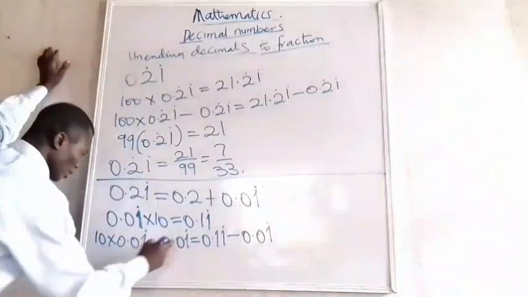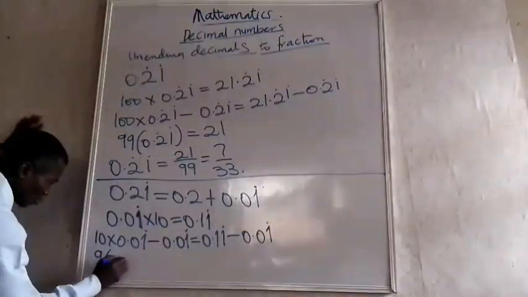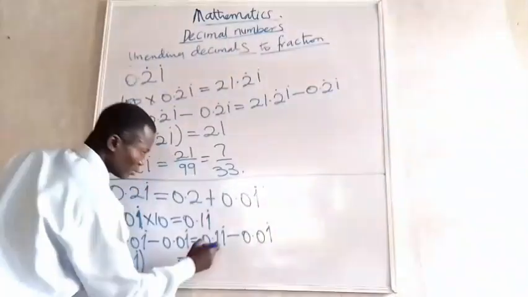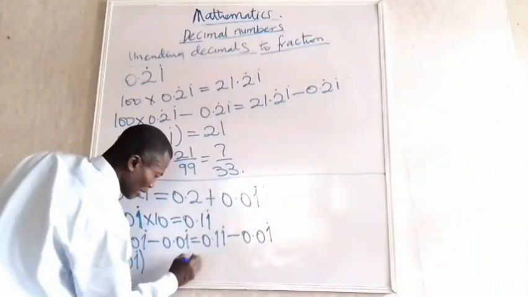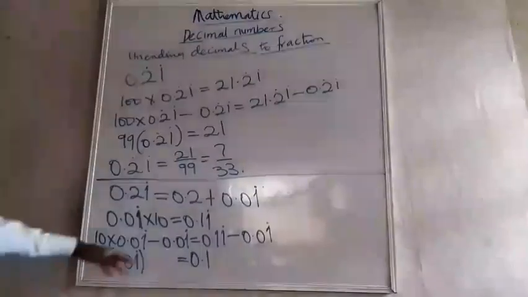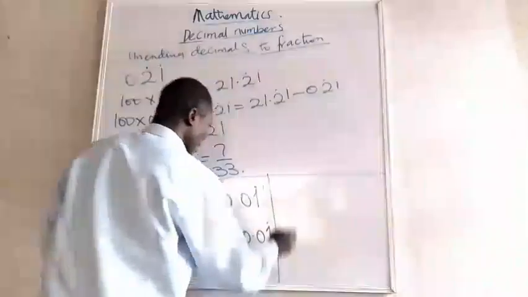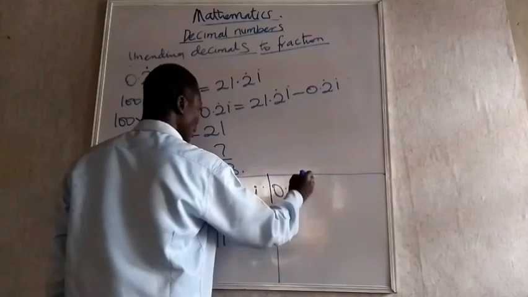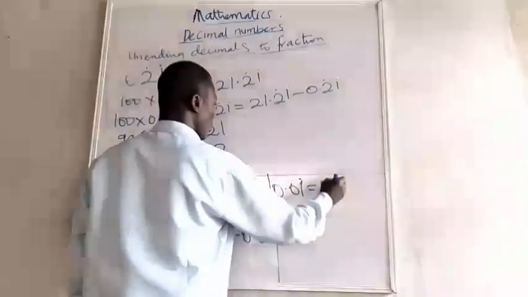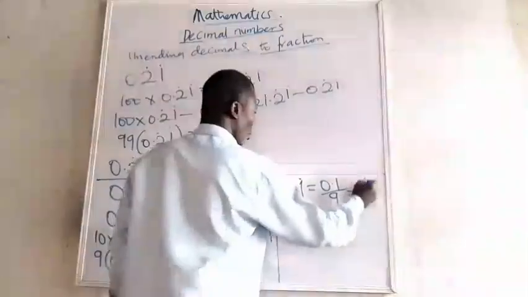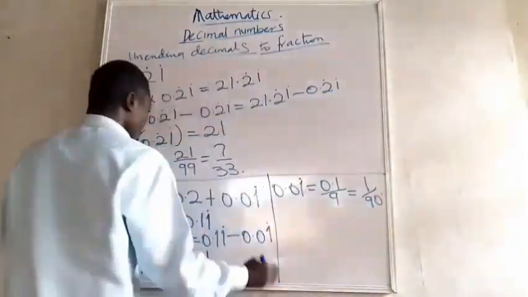You can see. So this one is now going to give me 9 times 0.01 recurring will be equal to, by the time I subtract this one, 0.1. Now, since I have 0.1, it means that 0.01 recurring will be equal to 0.1 over 9, which will be equal to 1 over 90.